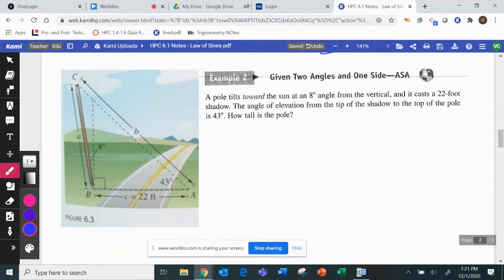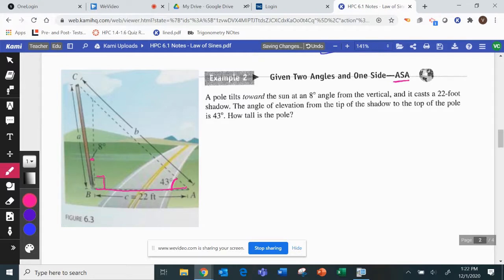This next one is angle side angle. So ASA, here we've got 43 degrees. Then we have 22 feet. And once you read this, what's happening here is, what kind of pole is this? It's just a random pole sticking in the ground. It was upright, but then it's leaning 8 more degrees.